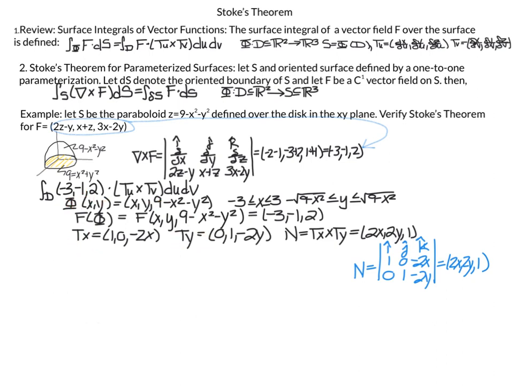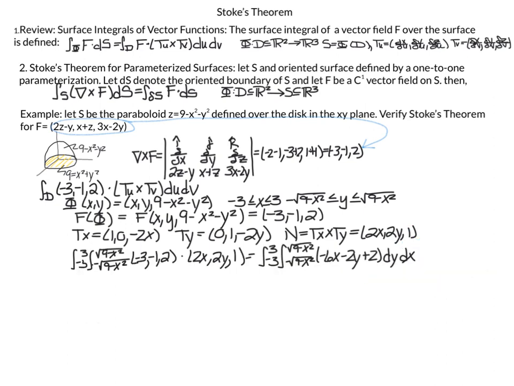So the derivative of phi with respect to x would be 1, 0, and then here I have minus 2x. The derivative with respect to y will be 0, 1, and over here I'll have minus 2y. And then to make the normal vector of my surface, I'm going to cross Tx with Ty, and I get 2x, 2y, and 1.